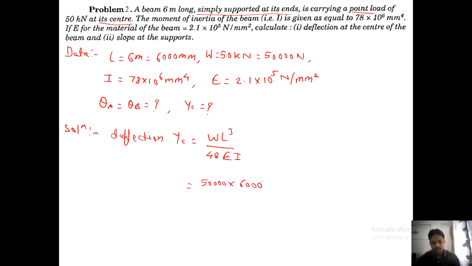L cube, so 6,000 cube by 48 into E is 2.1 into 10 raised to 5, and I is 78 into 10 raised to 6.